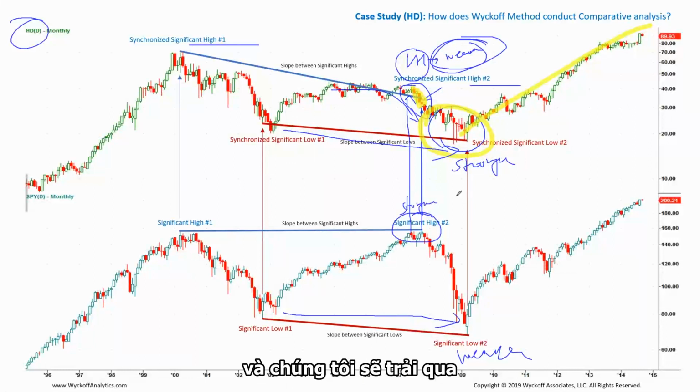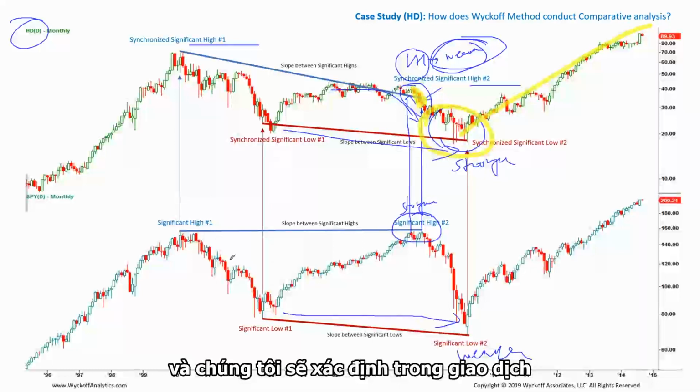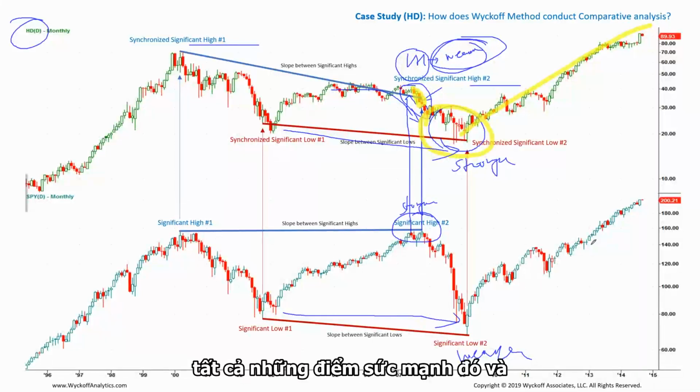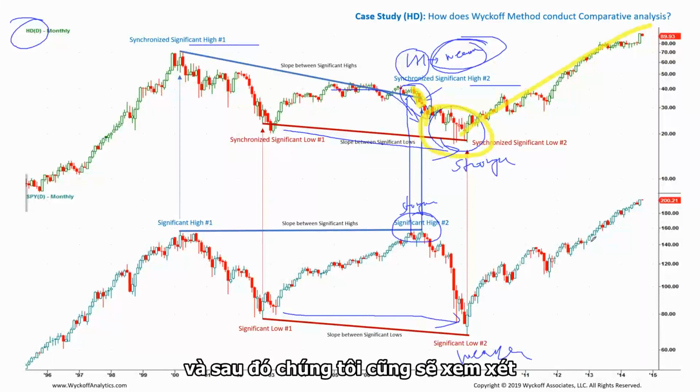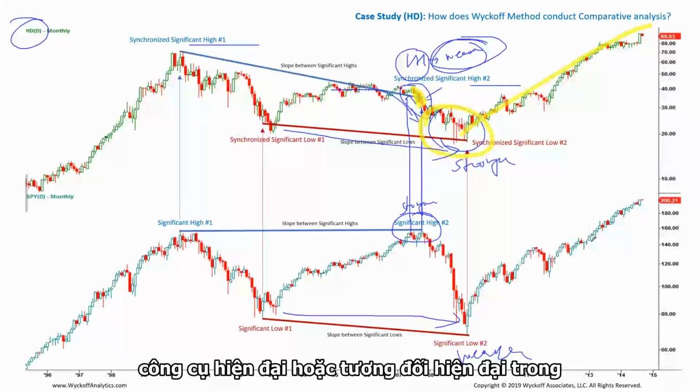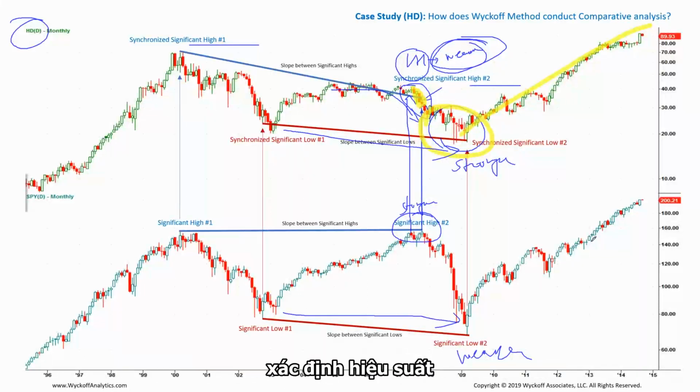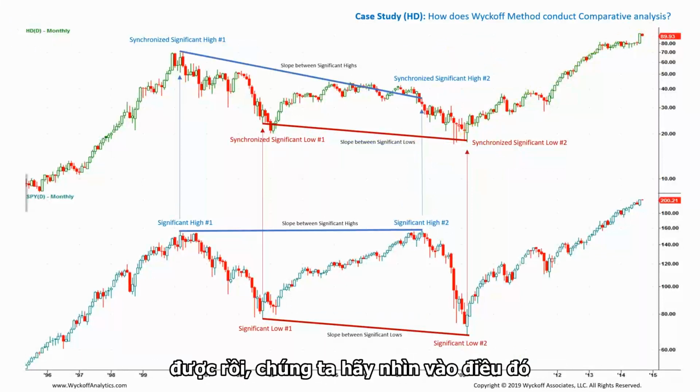And we would go through points like this, and we would identify in the trading range all of those points of strength and weakness. And we would try to create the logic behind how the strength and the weakness starts to occur. And then we also will be looking at the relative strength analysis. This is a modern or relatively modern tool in identification of the performance. All right, well, let's look at that.